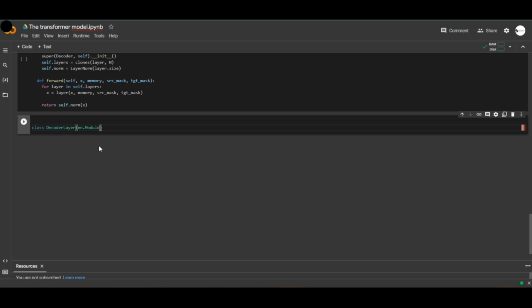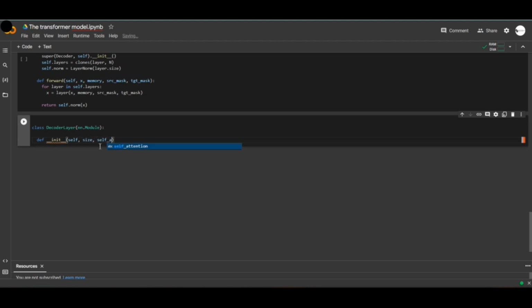Then what we do is we initialize, we say def init. We take in the self, we take in the size, we take in the self attention, we take in the source attention, which is coming from the encoder, and the self attention, which is coming from the decoder.